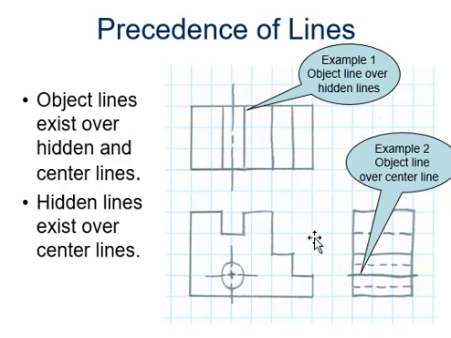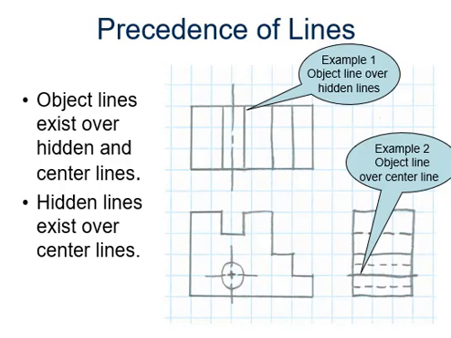And then center lines, in this case, the center of this drilled hole is represented here. Hidden lines exist over center lines. So in multi-view drawings, different line types often compete for space. Therefore, we have line precedence. Object lines exist over hidden and center lines.